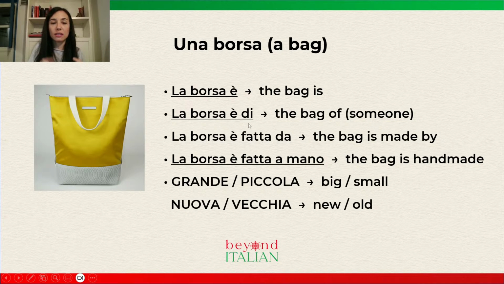I pointed this out because this small expression can also be used to talk about the brand of a bag, but we will see this example with the next object, the t-shirt. Next sentence: la borsa è fatta da. The bag is made by.